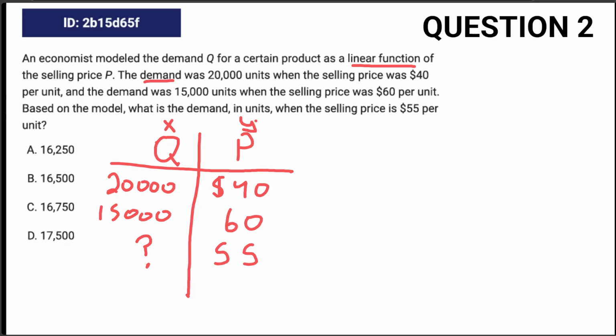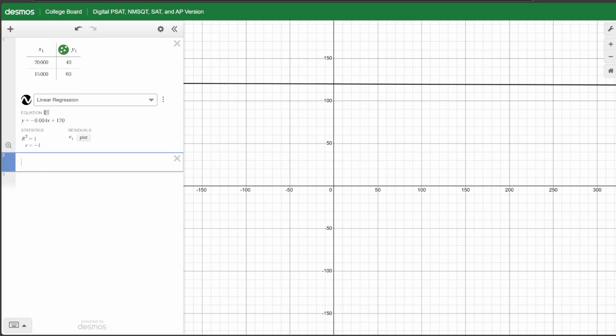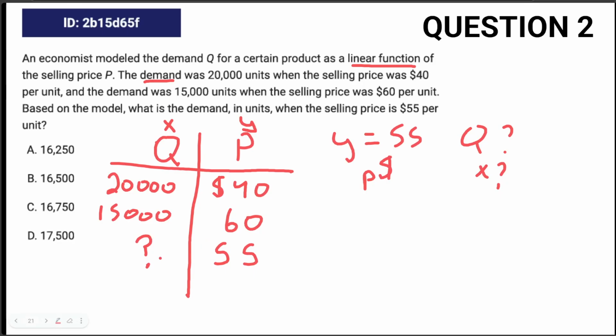Now we want to find when y equals 55, because remember p is 55, so what is q, or what is x? What we can do here is plug 55 in for y and just type out the equation. Negative 0.004x plus 120, and that'll give 16.25 as the value, and 16,250 would be the answer.